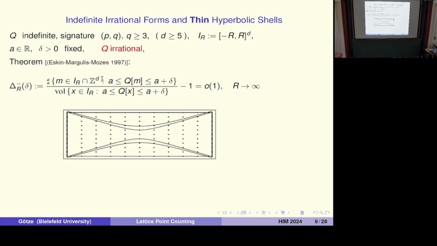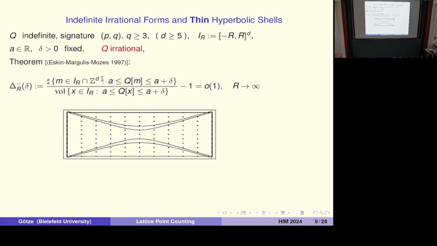There would be, as I said, infinitely many of them if we don't take a big box for counting in this shell. And what this theorem says is that the number of lattice points in the shell divided by the volume of this restricted shell goes to 1 as r goes to infinity.